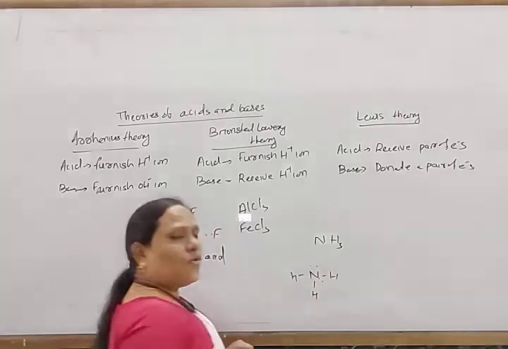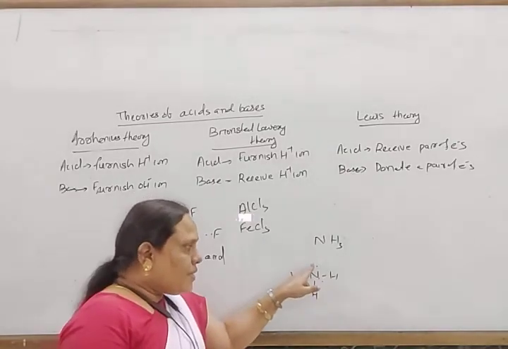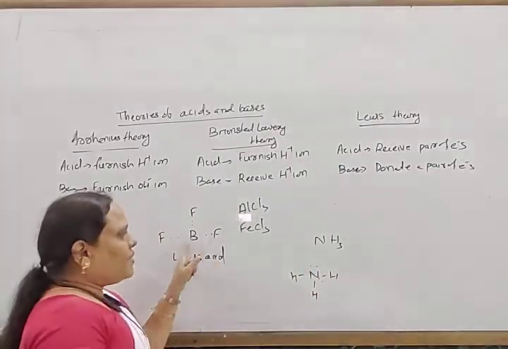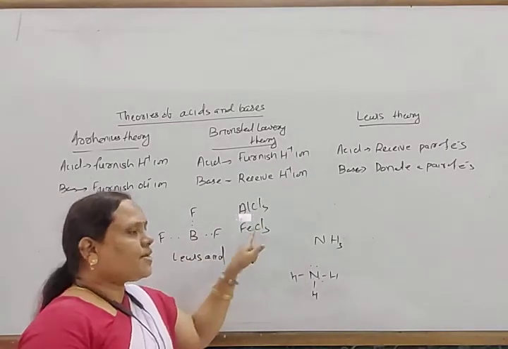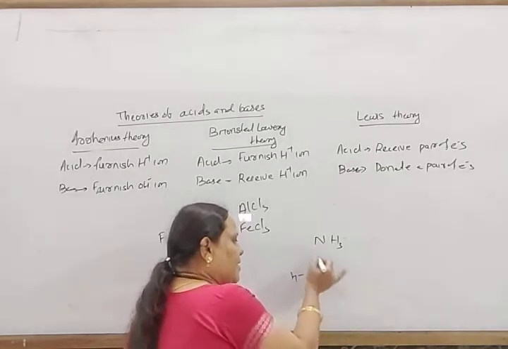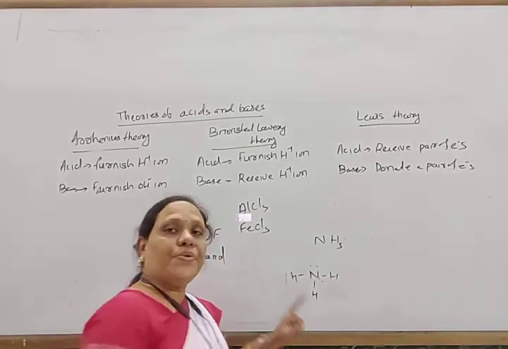There is also a lone pair of electrons, and this lone pair can coordinate. So it can coordinate with BH3, with AlCl3, with FeCl3. In this way, it has the tendency to donate the pair of electrons, and it acts as a Lewis base.